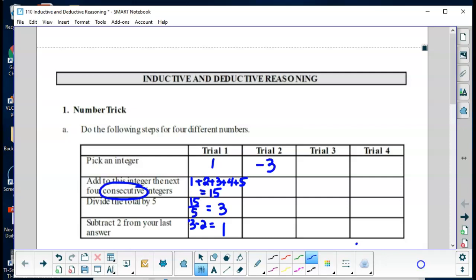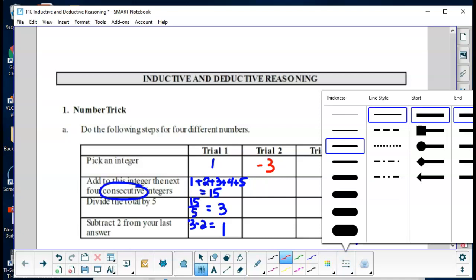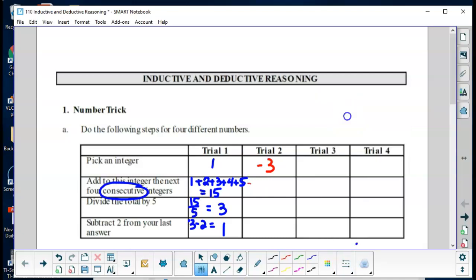If we chose negative 3, then negative 3, the next 4 consecutive, that means I have to add negative 2. Negative 3 plus, okay, next 4 consecutive, we have to keep increasing by 1.